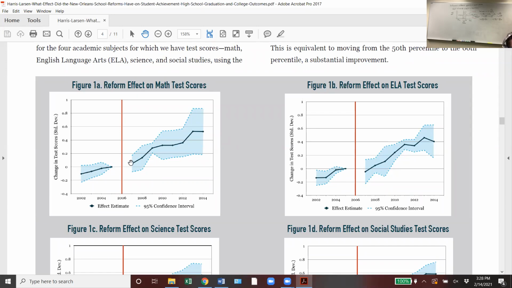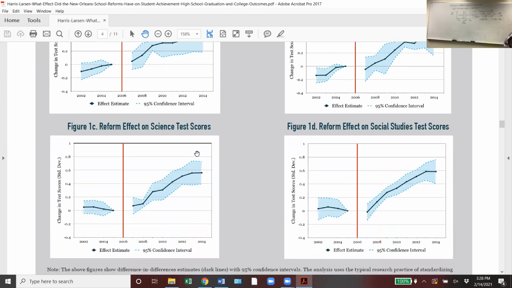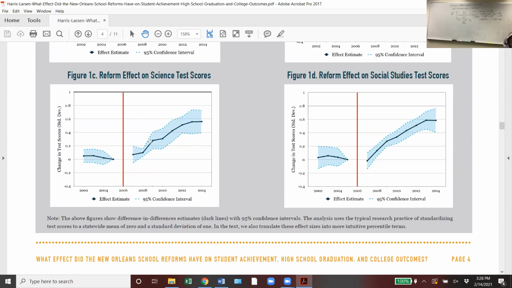So if their trajectory is positive, maybe some of this more positive trajectory is just a continuation of something that was going on before. It's hard to say, but here, that doesn't seem to be the case. There, if anything, was a little bit of a negative trajectory for New Orleans kids relative to other kids.